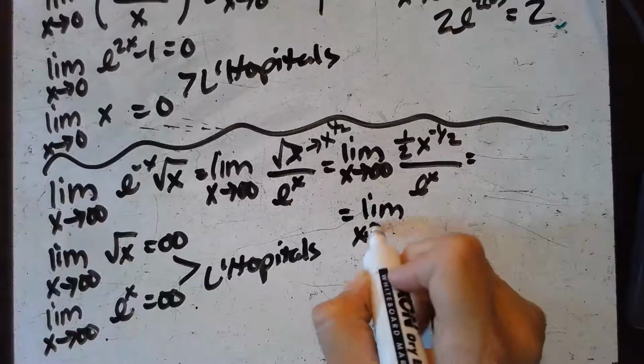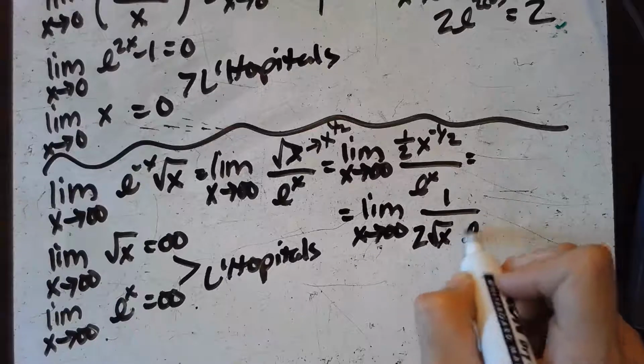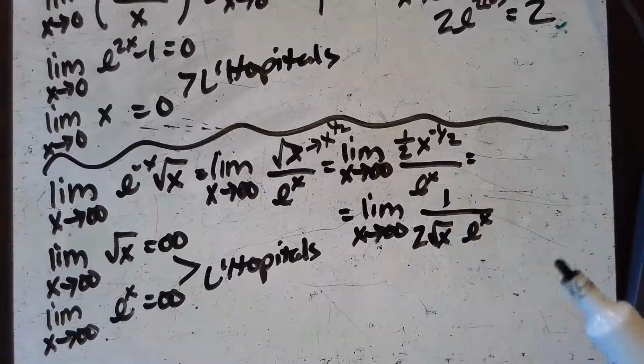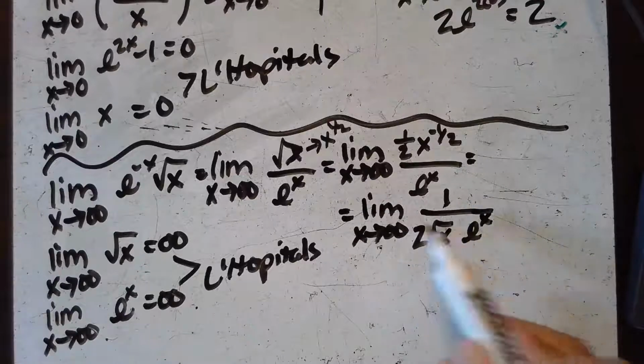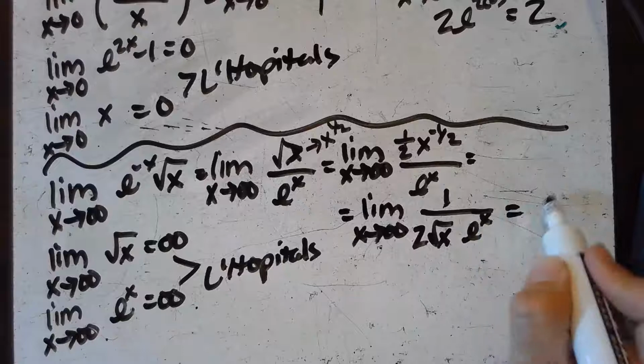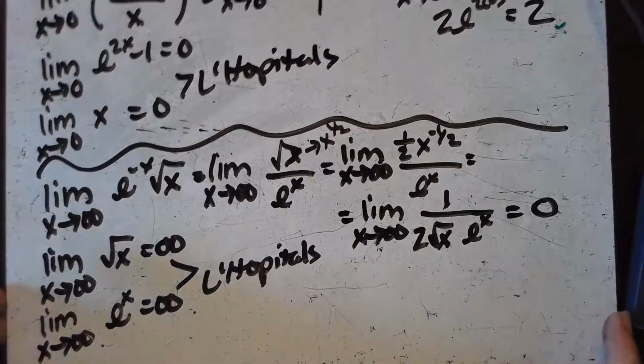Limit as x goes to infinity of 1 over 2 square root of x e to the x. Okay, so now I have a 1 on top. But in the denominator, if I plug in infinity, this part goes to infinity, that part goes to infinity, but because it's in the denominator, it eventually goes to 0. All right.